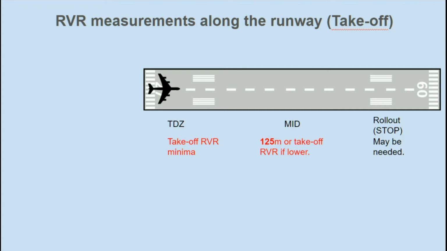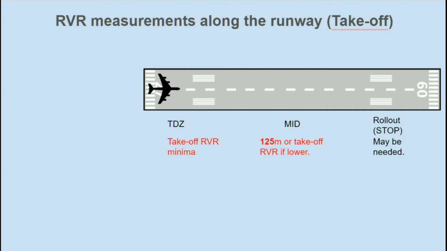Now the midpoint RVR here, you see I've got 125 meters written in. We have to have 125 meters in the midpoint, or we can have a lower RVR if we've set off with lower RVR minima in the first place. Why is that? Why do we have these two things? Well, the reason is that if you're using one of these gadgets like a head-up display or a PVD, that will enable you to reduce your RVR for takeoff so that the thing is assisting you on takeoff for directional control.